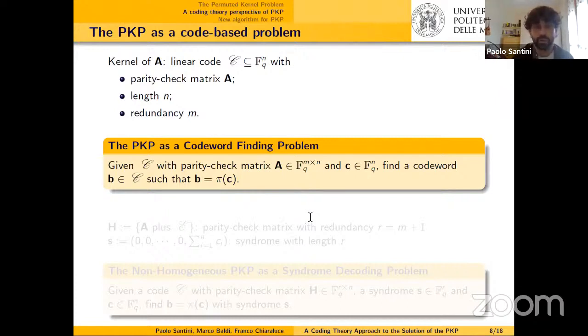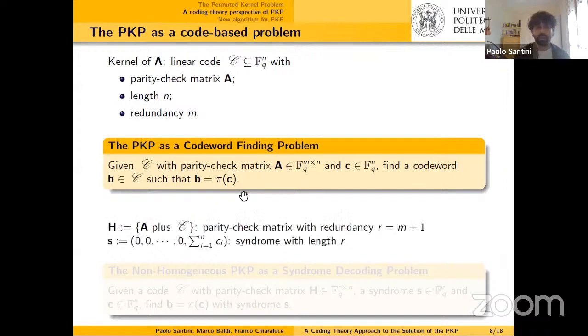The corresponding version, you can see it in the slide. So I give you a linear code C having parity check matrix A. I also give you C. And to solve the problem, you need to find a code word B that is a permutation of the given C.